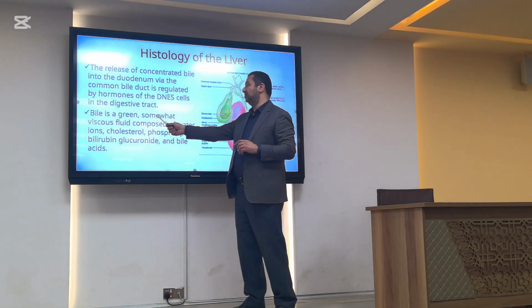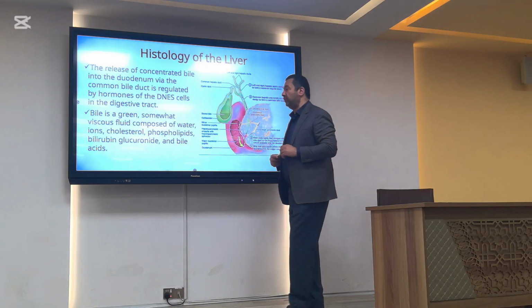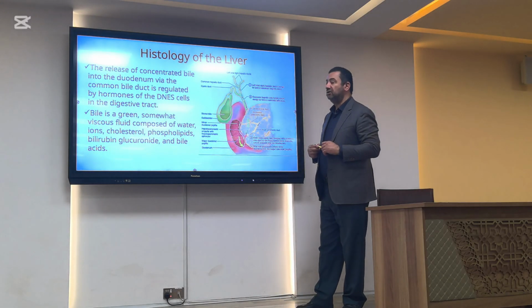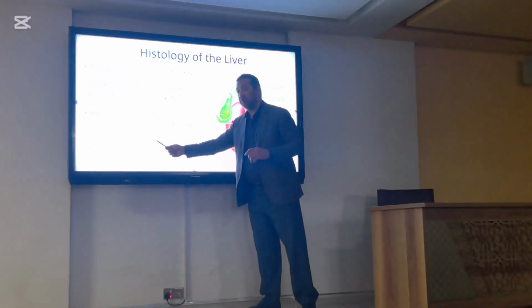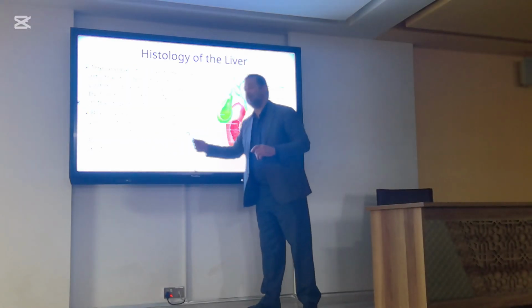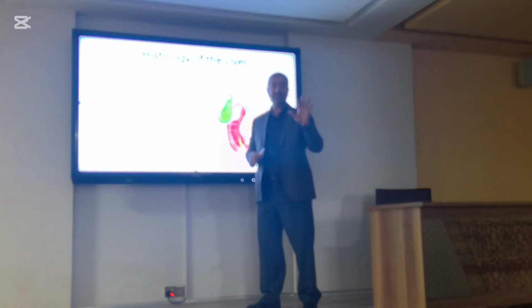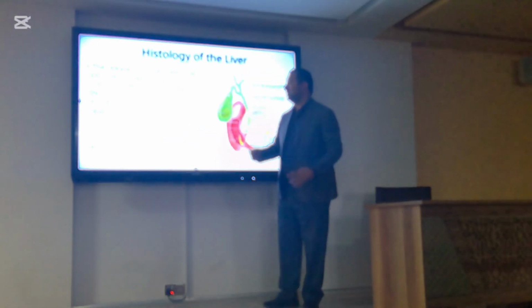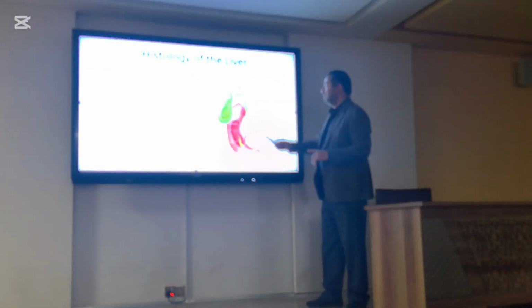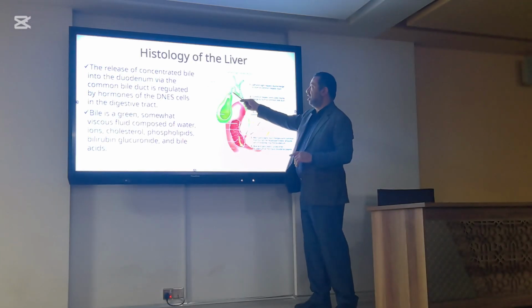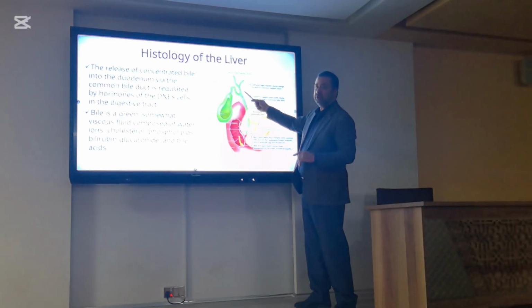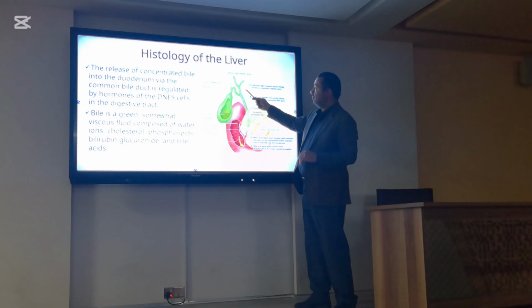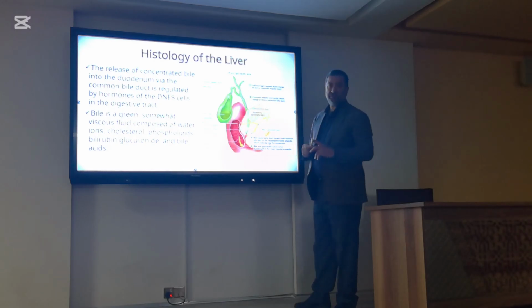Bile is a green, somewhat viscous fluid composed of water, ions, cholesterol, phospholipids, bilirubin glucuronide, and bile acids. Bilirubin glucuronide is different from bilirubin. You see here, this is the cystic duct, and here is the common hepatic duct. Do you remember? They join together and make the common bile duct.